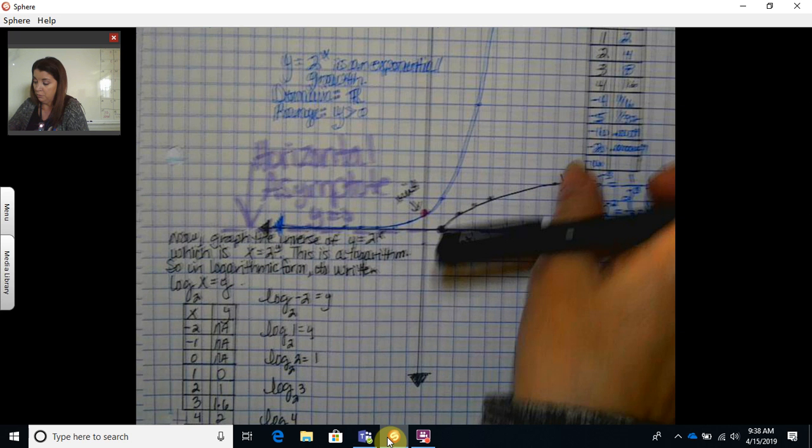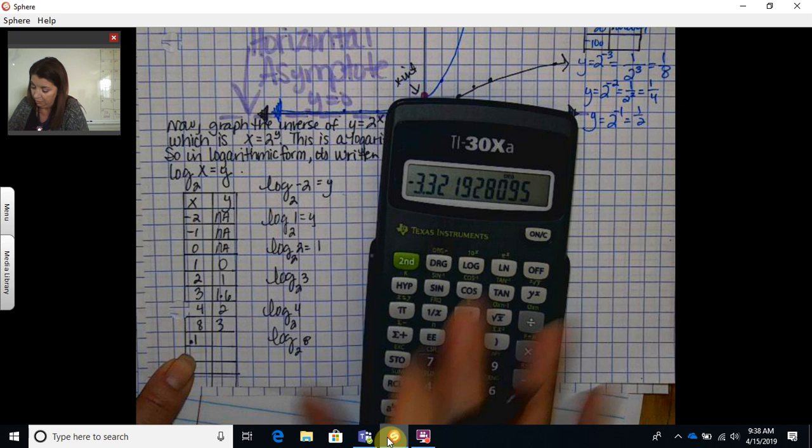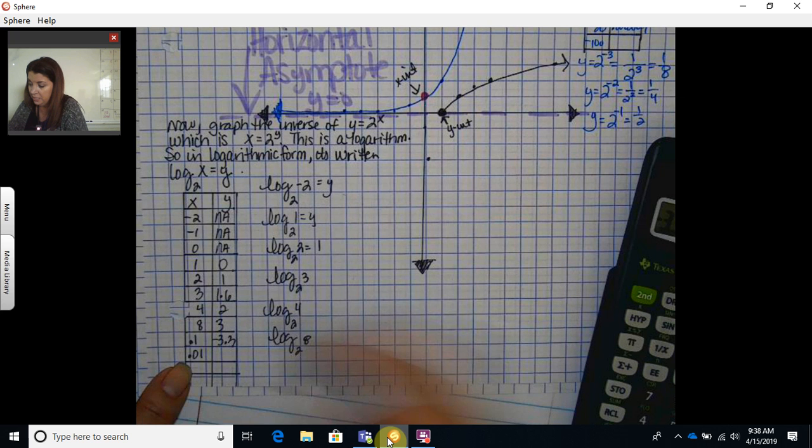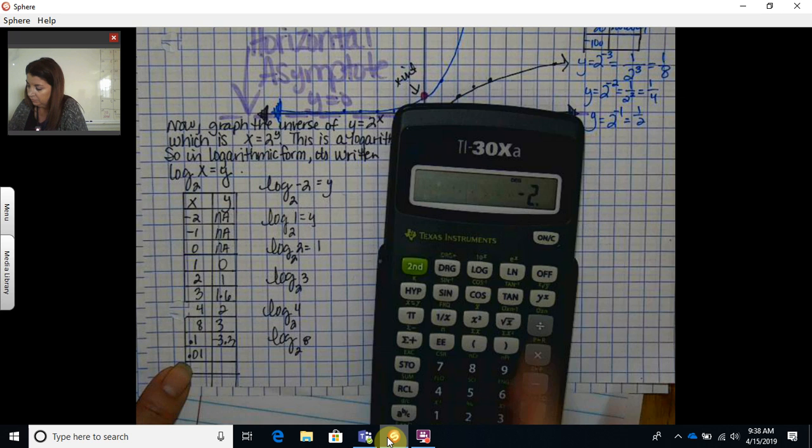When x is 1/10, 1/10 log divided by 2 log is approximately negative 3.3. How about 1/100th? So 0.01. I get negative 6.6.